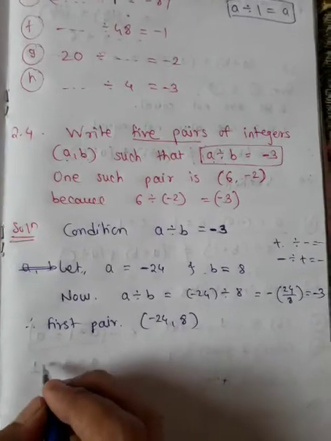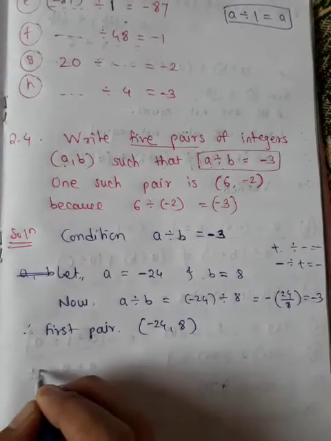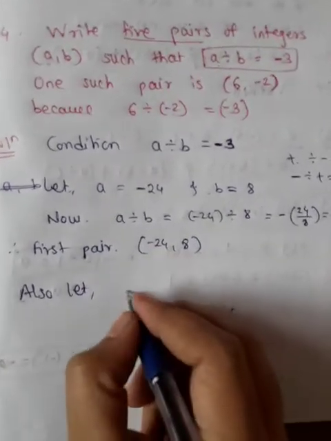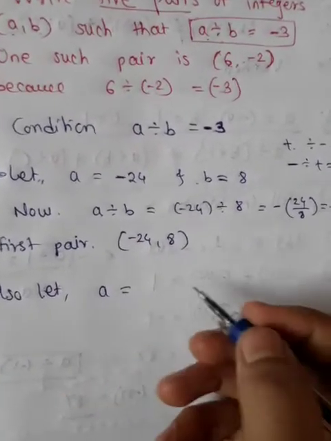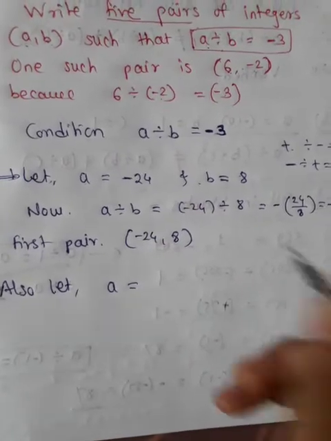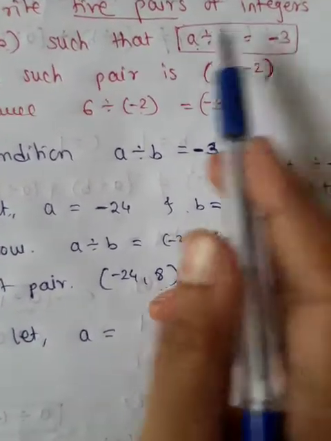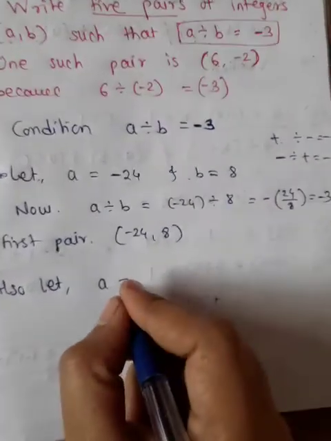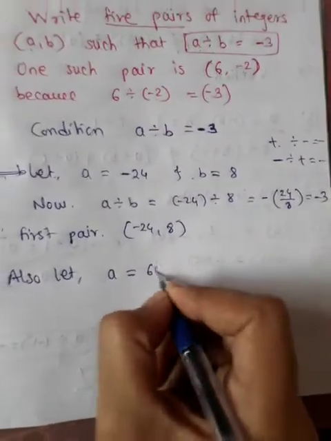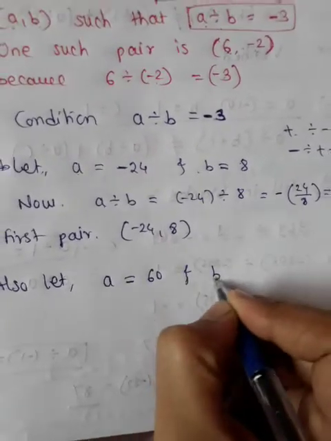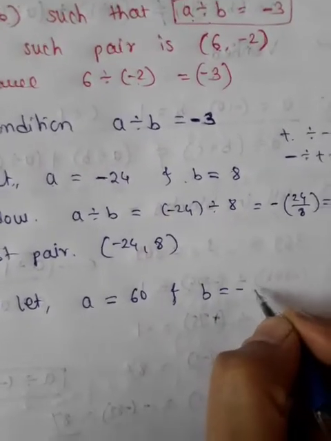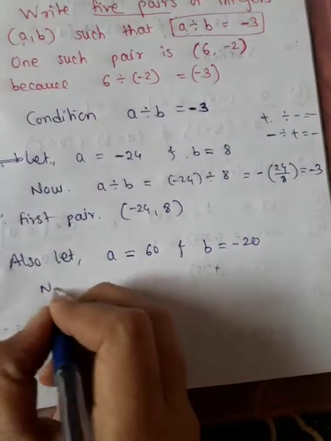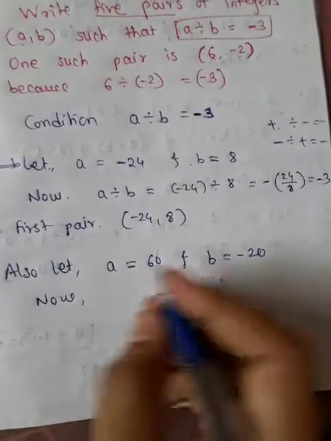As like this we can take other numbers also. So I will take A as a positive integer and B as a negative integer. Means to get a negative result, one of them must be negative. So I will take A as 60 and B as minus 20. Now let's check whether they satisfy the given condition or not.